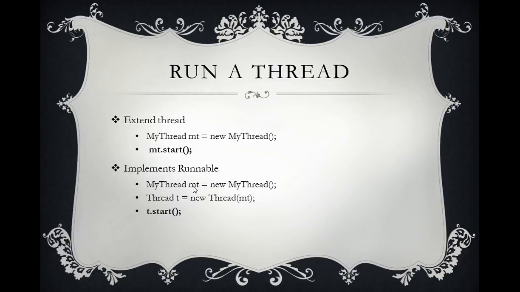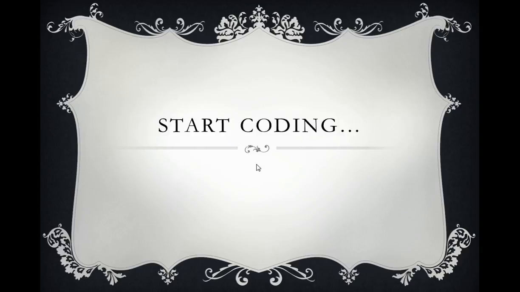So basically, you're passing this myThread into the new Thread, which is an object created by Java, and then from this thread object, you would just call t.start. So let's just get straight to the code, and I think it's going to be made a whole lot clearer for you guys.